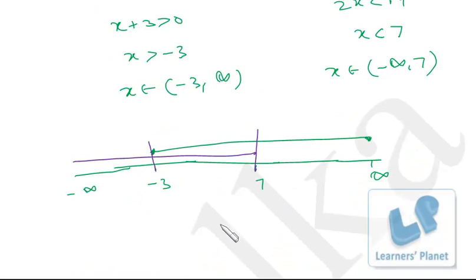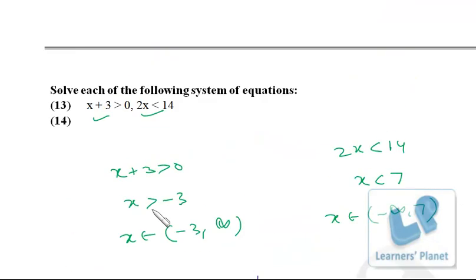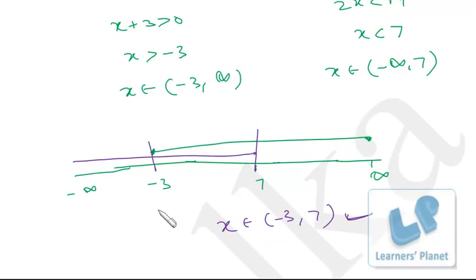So what is the common solution? x belongs to minus 3 to 7. Okay, and this is your final answer. So what is the solution of the system of equations? x should be between minus 3 and 7. Okay, so you solve individual equations, then draw the number line like this and try to find out the common solution. Common range you have to find out.